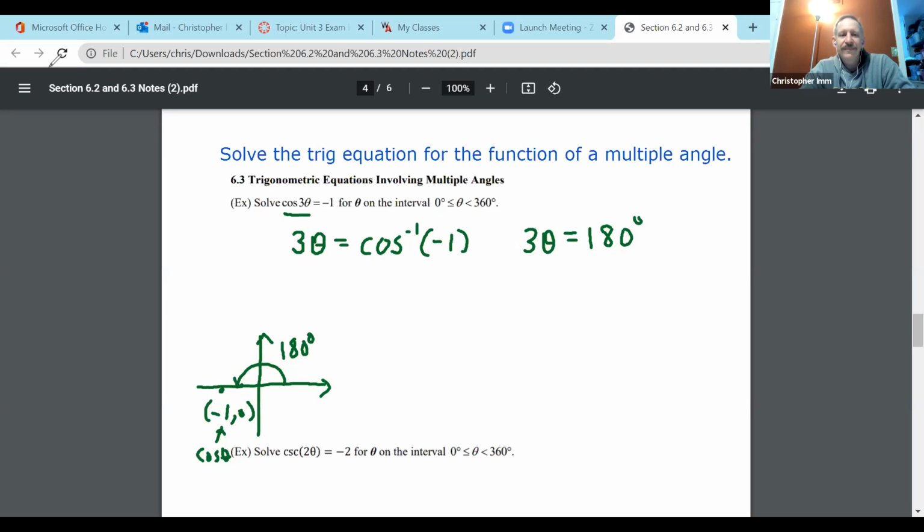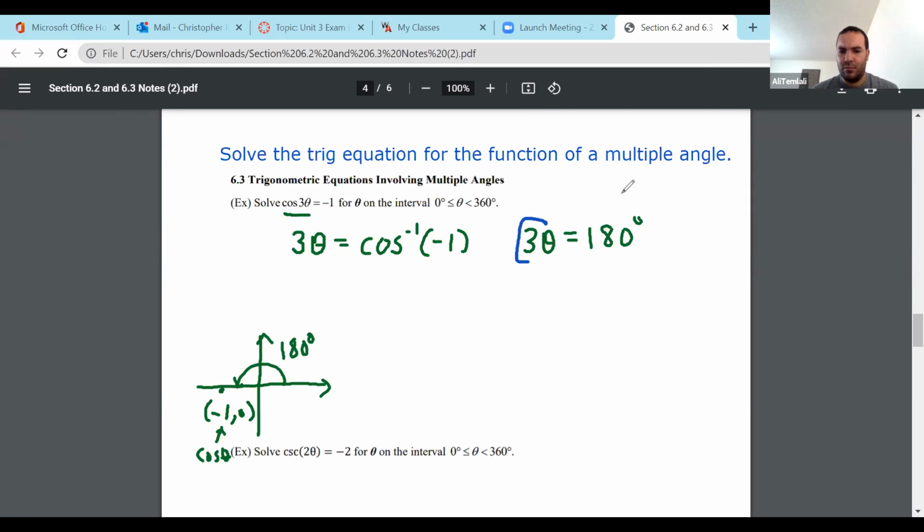Affecting the period? It affects the period. That's right. So it's going to speed it up 3 times as fast, right? So instead of completing a cycle in 360, it's going to complete a cycle in 360 divided by 3, right? 120 degrees. Yeah, exactly. Good. So that's something that we have to think about here when we're solving for a multiple angle. Nice.